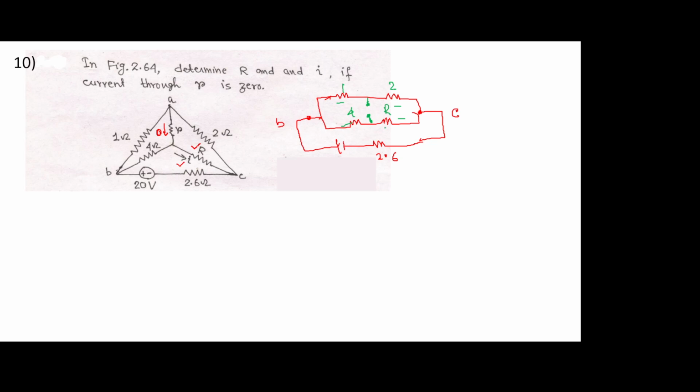Let me use the highlighter. This multiplied by this is equal to the multiplication of the other two resistances across the other two branches. So it will be 1 into R equal to 4 into 2. So R will be equal to 8 ohm. So we get the value of R equal to 8 ohm.